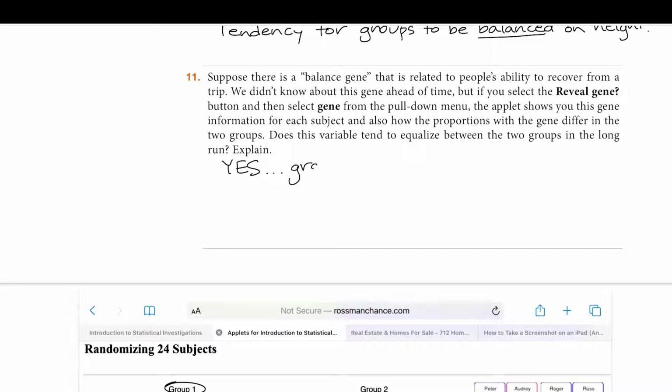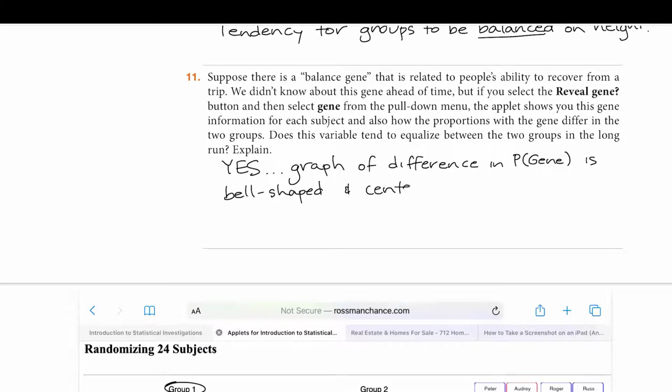Explain. So the graph of difference in proportion of people that have the gene between the two groups is bell-shaped and centered at 0 once again.